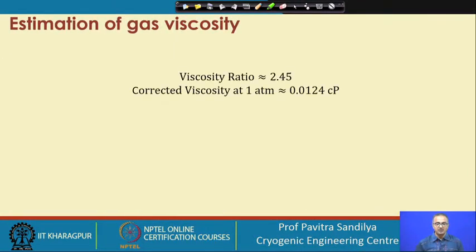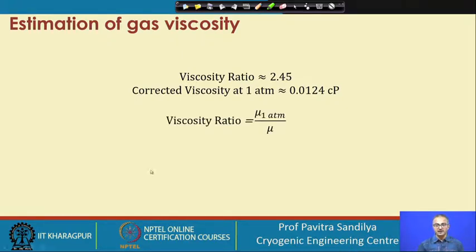After this, we go for the actual viscosity, because we have found the viscosity at 1 atmosphere. Now we shall be using the viscosity ratio to find out the viscosity for the given pressure, that is 6000 psia.